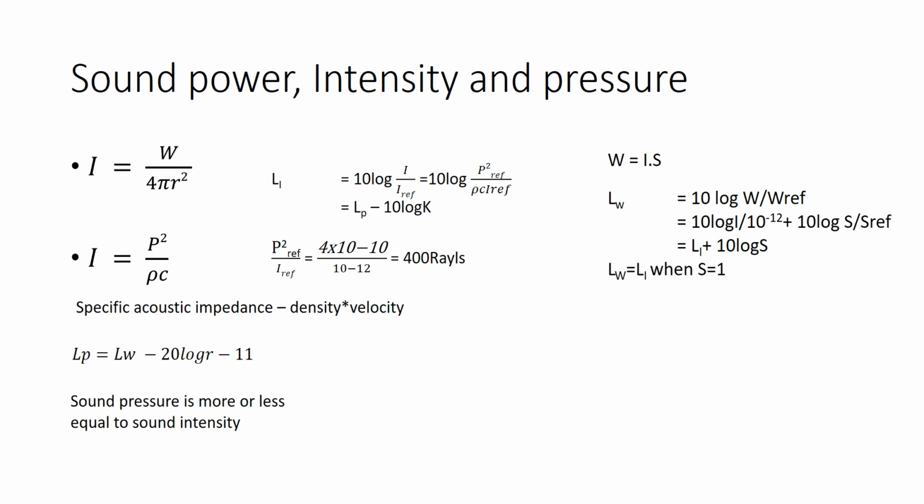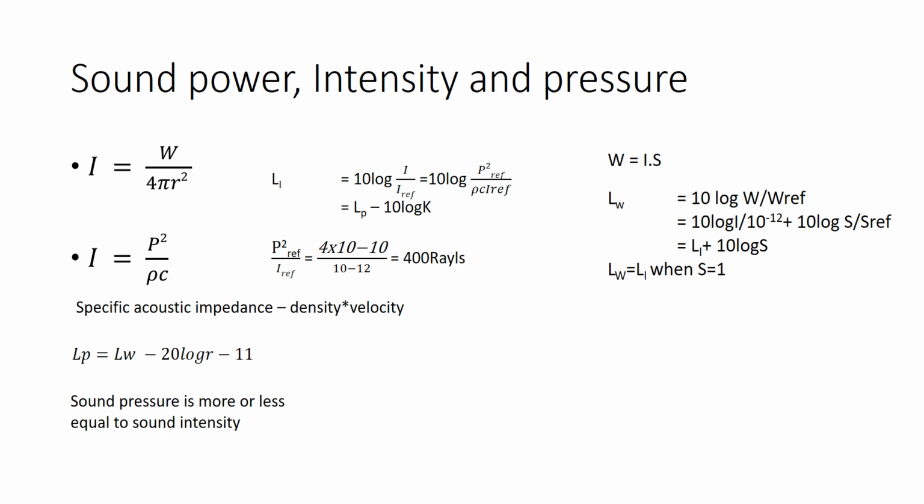The distance plays a major role in the intensity of the sound. Keep that in mind, it will be helpful in solving the assignment questions. Few questions will mostly be asked in that portion.